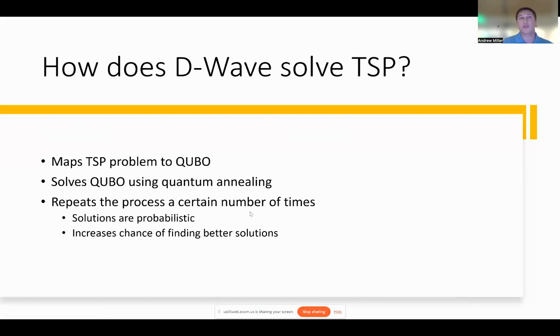Because solutions are probabilistic, it's the same with the IBM machines, where you have to rerun the same experiment a number of times and then measure the average of what you're getting. Repeating the process basically increases the chance of finding a better solution. You can control how many times you rerun the experiment, but they charge you for time.